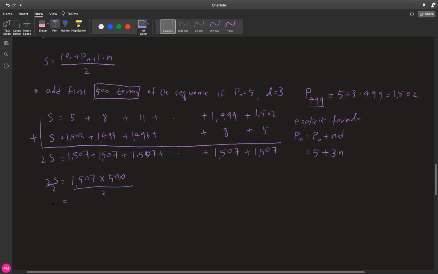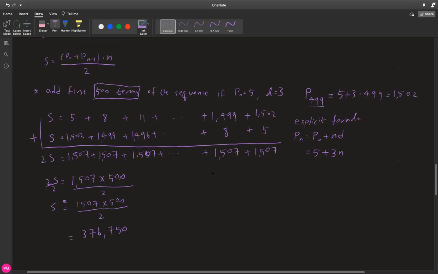So that way you have s equals 1507 multiplied by 500 over 2. And if you plug this into a calculator correctly, you will end up with 376,750. That's a very big number, and it would have taken a very long time if you were to add each number one by one, 500 times.